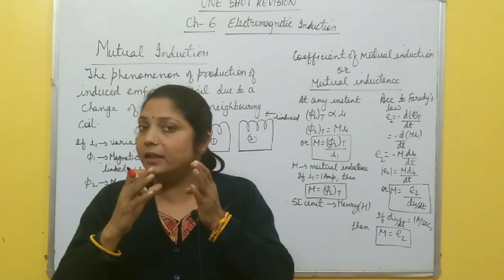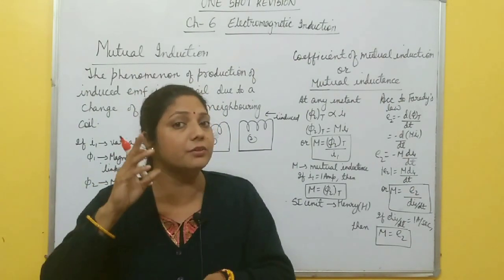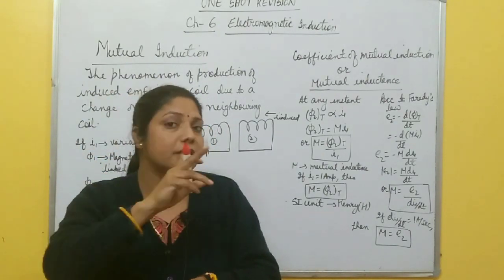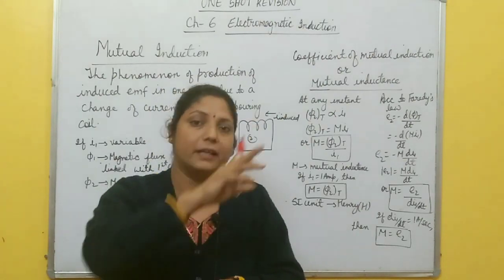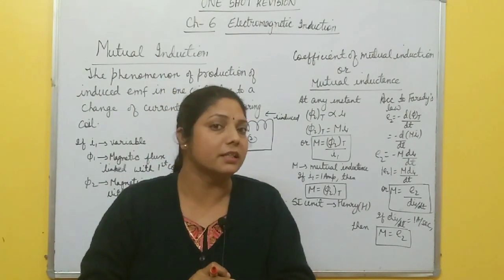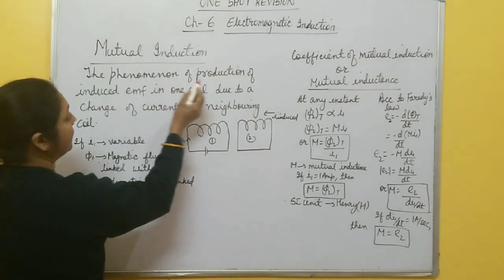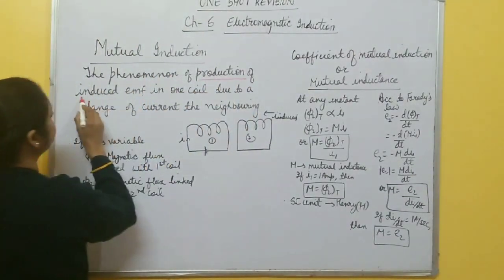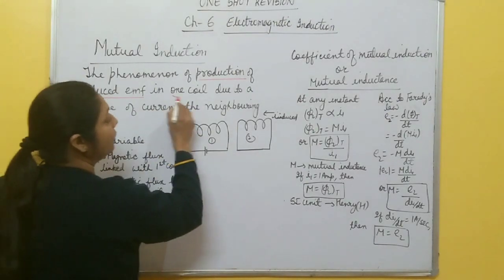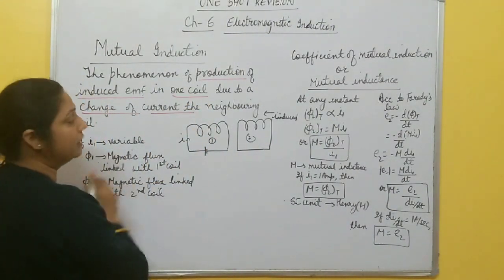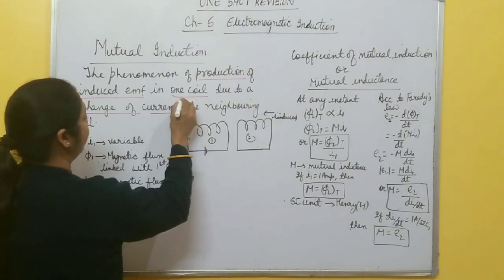The phenomenon of production of induced EMF in one coil due to a change in current in another neighboring coil is called mutual induction. So you can define it this way: the phenomenon of production of induced EMF in one coil due to change of current in the neighboring coil.